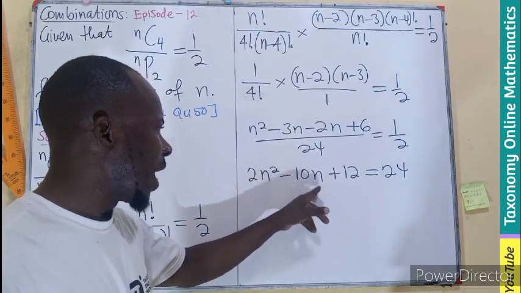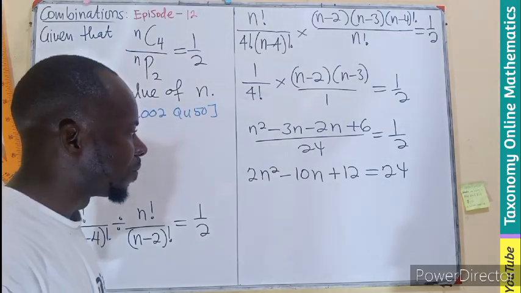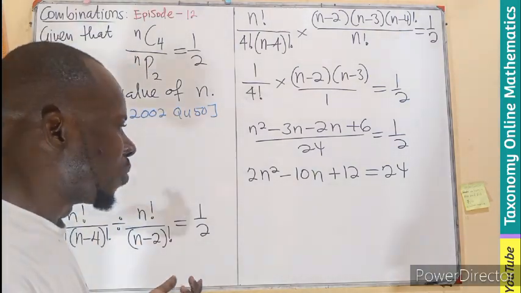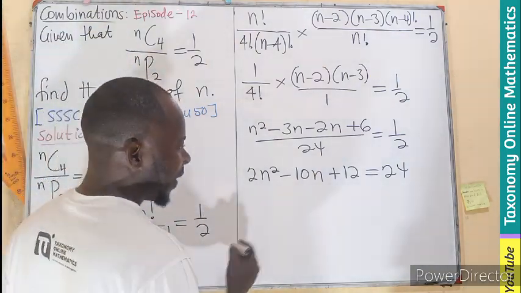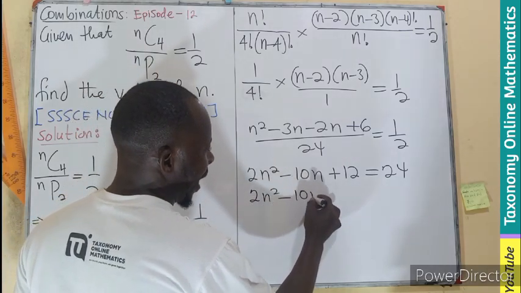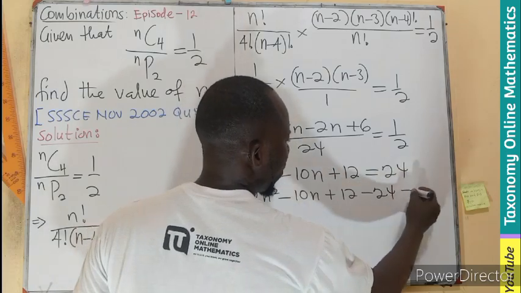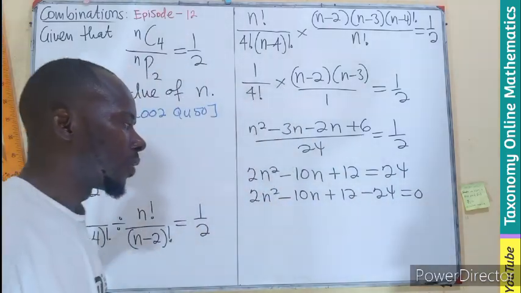I'm seeing n squared, n, and a constant, so I can group them to have a quadratic equation, or better still, I can divide through by 2. But before then, let's see, I have my 2n squared minus 10n minus 24 equals 0.